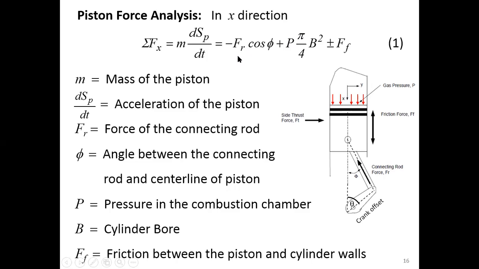So the force in the x direction is the component of the connecting rod force in the x direction, plus the pressure force, which is totally in the x direction, and plus or minus the friction force. It is plus or minus because it depends on the direction of the friction when the piston moves.